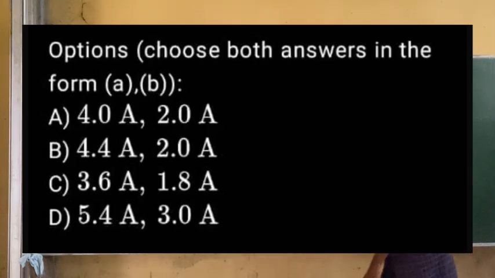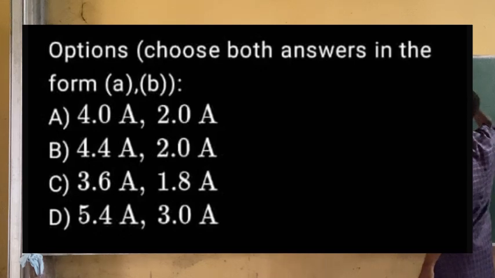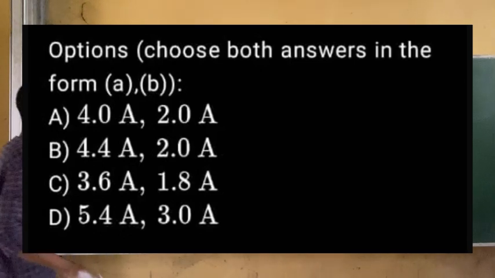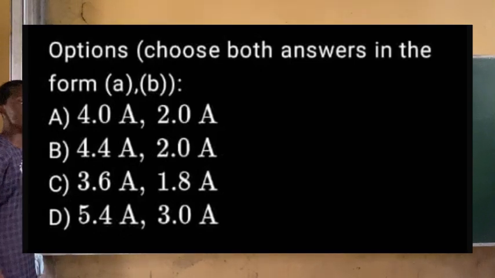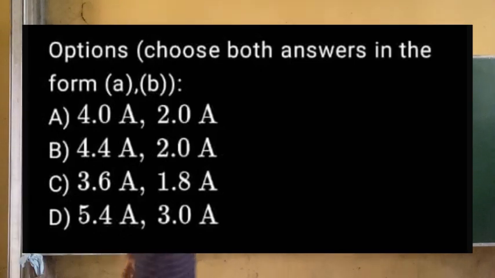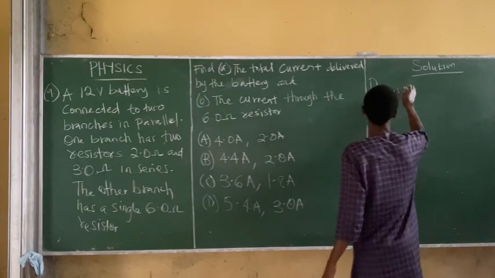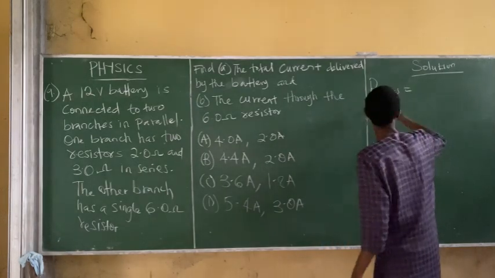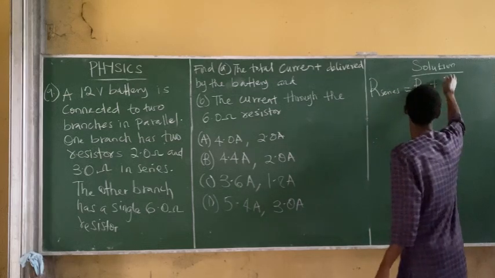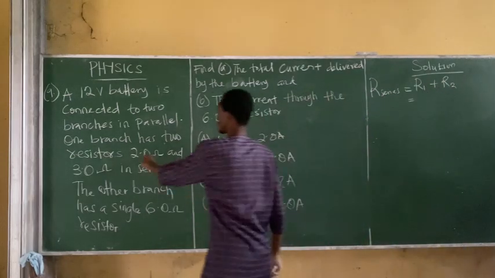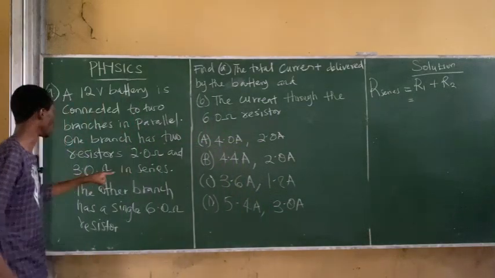Solution. From the question, they said two resistors are in series, 1 and 2 in series. So we say resistors in series, R series, is equal to R1 plus R2, which is this resistor and this resistor.